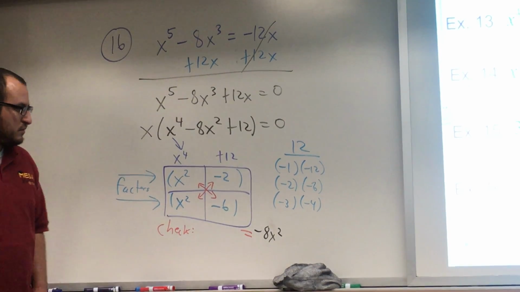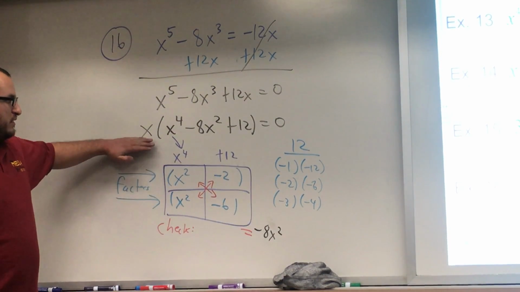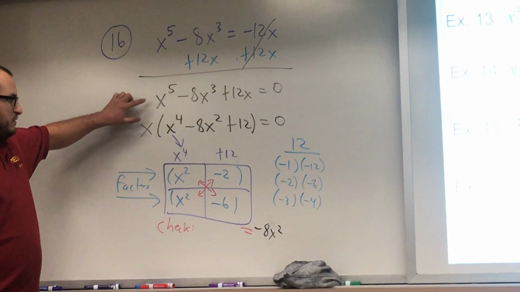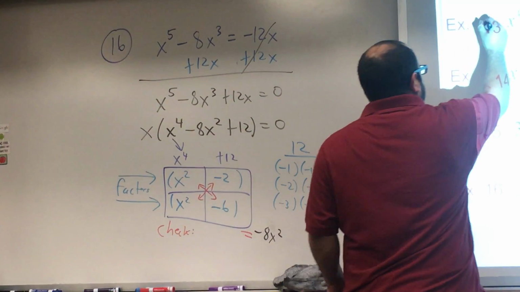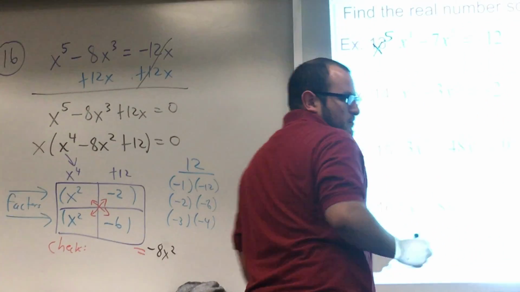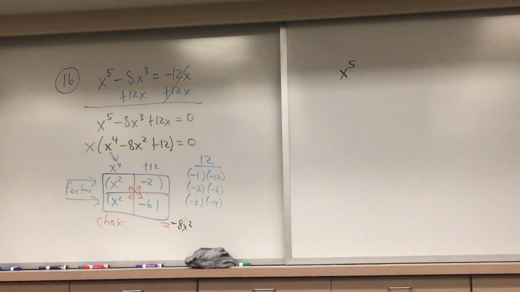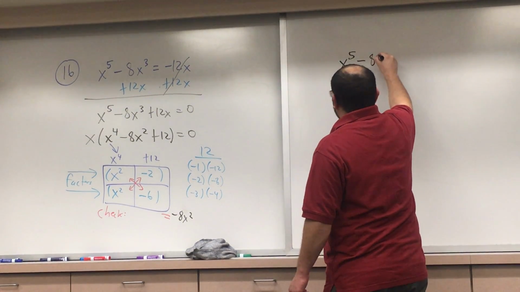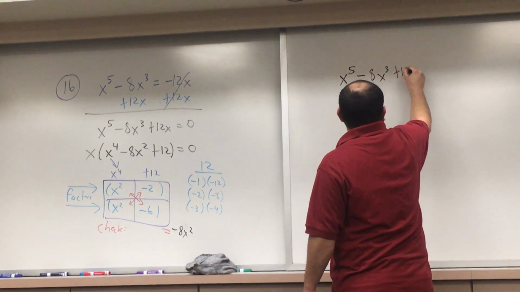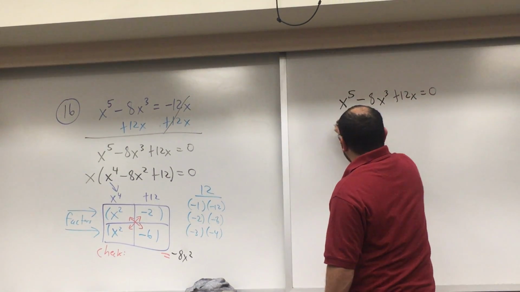All right, so again, I'm going to move to the middle board. But before I get there, I'm going to actually copy this line, and then my answers. So you know where I'm going from. Okay. So, x to the 5th minus 8x cubed plus 12x gives me 0. I factor out an x.